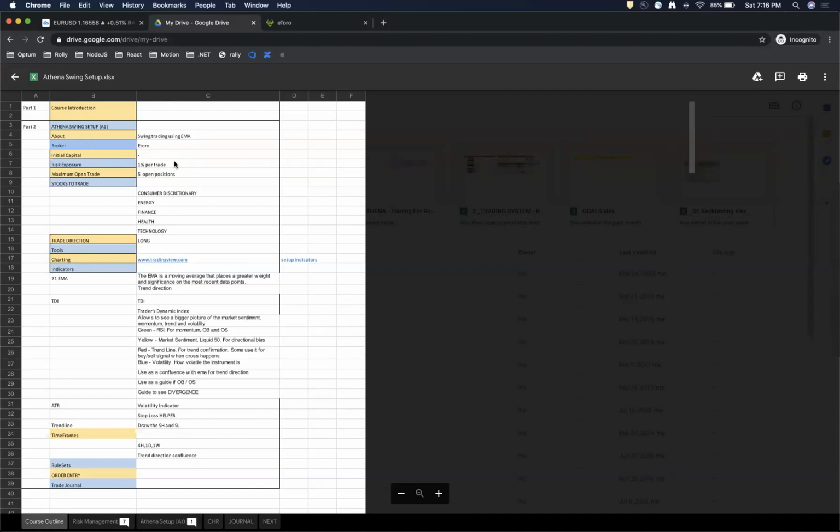For this discussion, we are going to use eToro as our official broker. This doesn't mean that you cannot trade this setup in the Philippine stock market or any instrument or broker that you are familiar with or trying to use. We are going to discuss what the ideal or realistic initial capital for trading is.